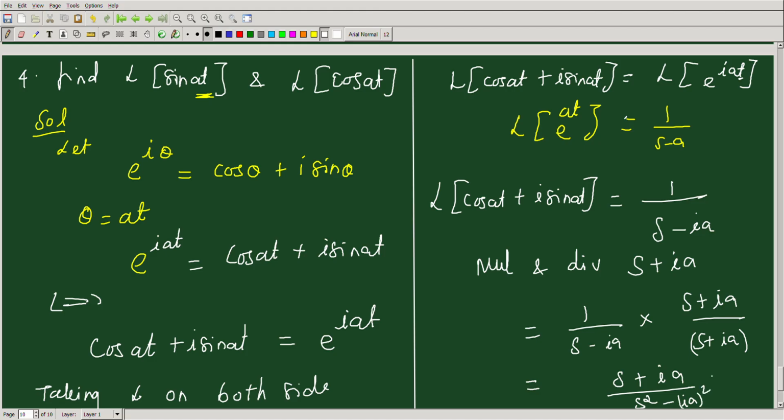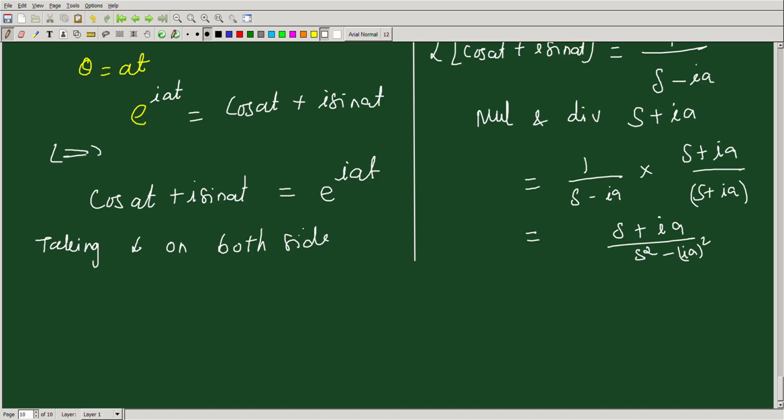You know i square is equal to minus 1, because it is a complex number. So minus into minus is positive, and the denominator becomes s square plus a square.